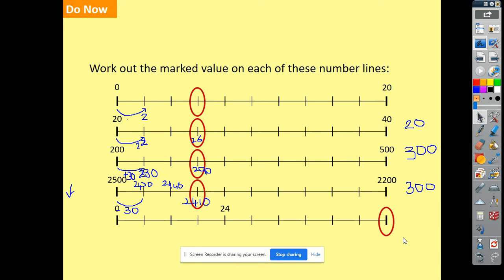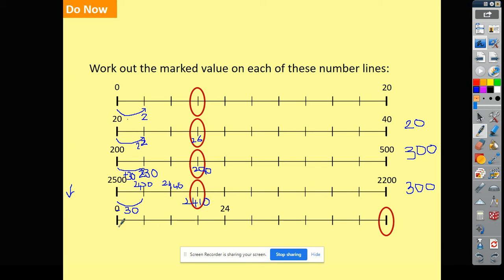Last one. The number that we've been given this time is in a different position, but the same thing works. I know from this point to this point is worth 24.